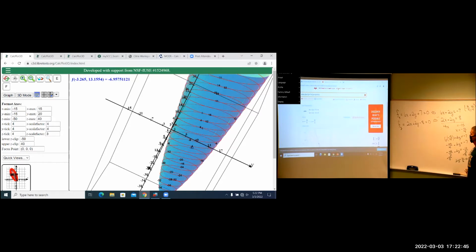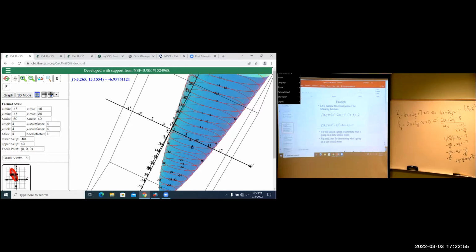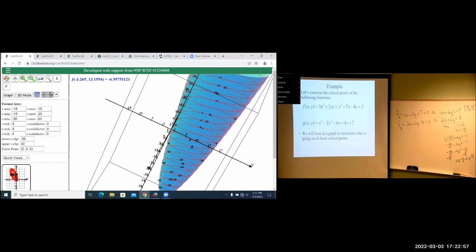All right, so I want to leave this up here for right now, and I want to bring up the other one. So our g of x, y, which I think this system even works out easier. What's g sub x?